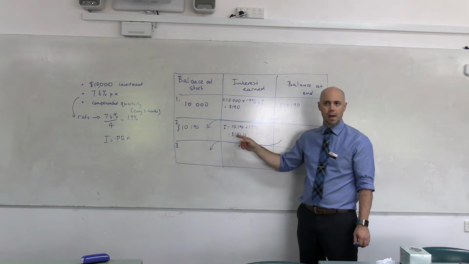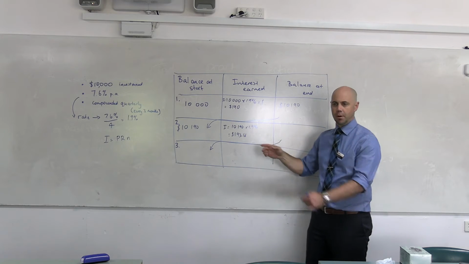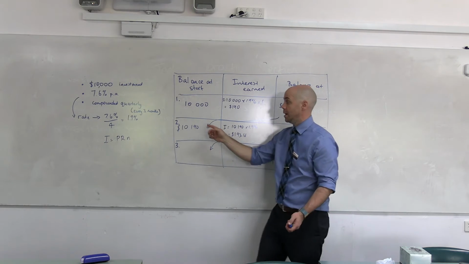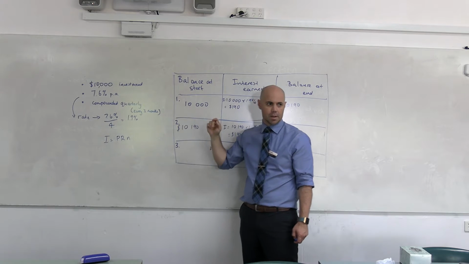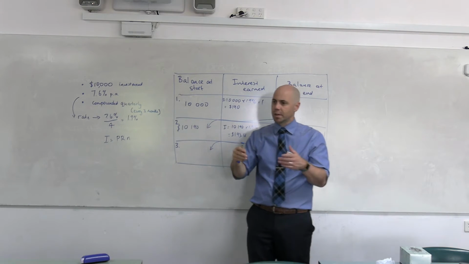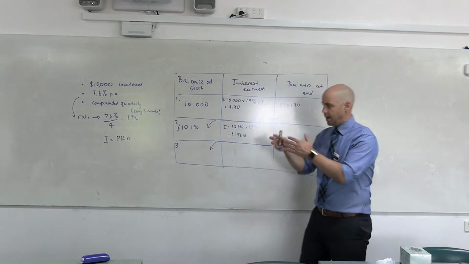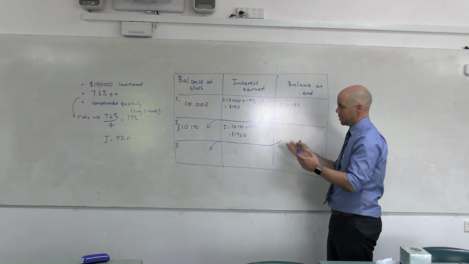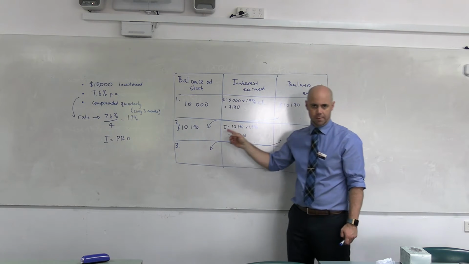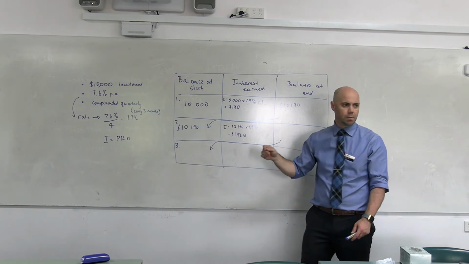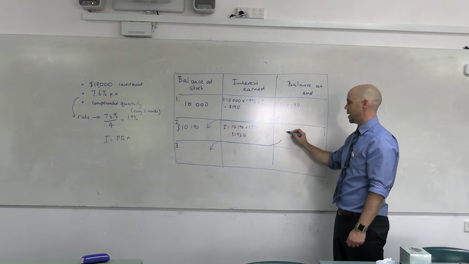But when this happens enough times, over a long enough period, and if you start with a large amount, maybe you might start with $300,000, not $10,000, all of a sudden those differences actually become significant. In our situation here, we've only just started the second interest period, so we're not very far into the time. It's only $3 difference, but it's starting to make a difference.